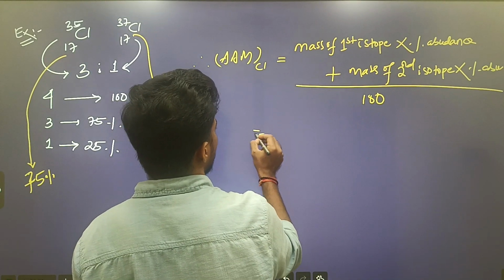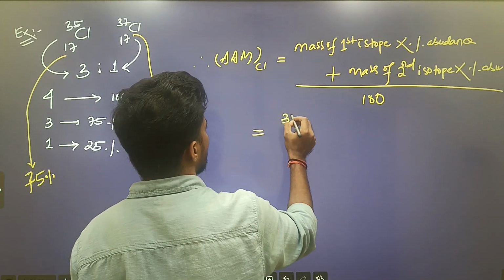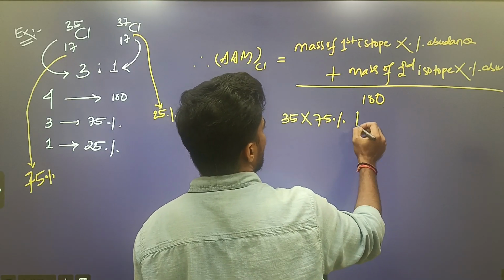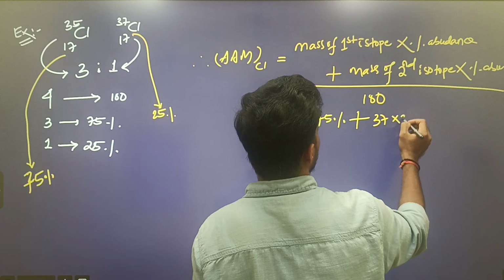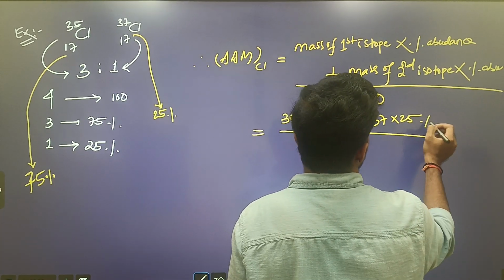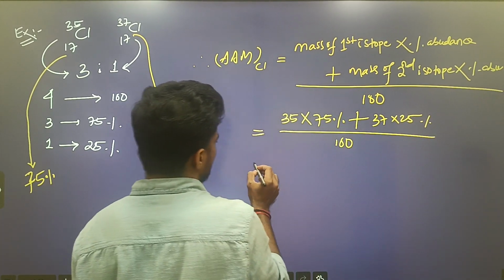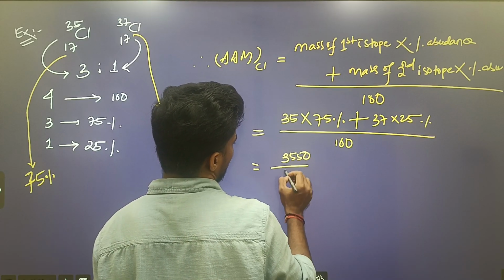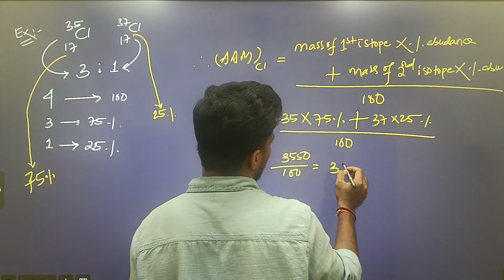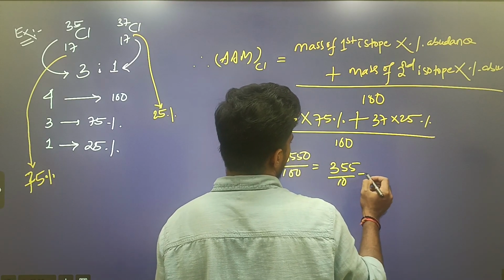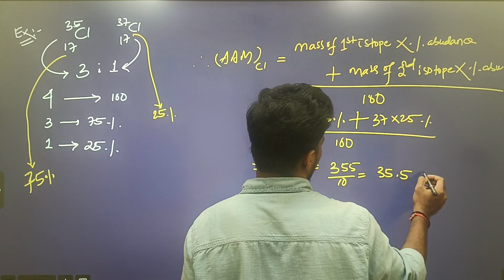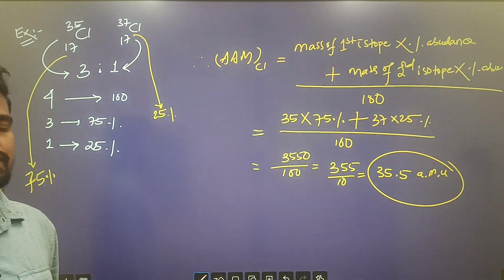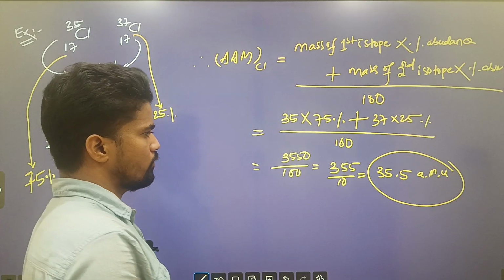So this is equal to 35 into its percentage abundance of 75%, plus 37 into 25% abundance, over 100. If you calculate, 3550 upon 100 comes out to 35.5 amu. So we get the average atomic mass of chlorine as 35.5.